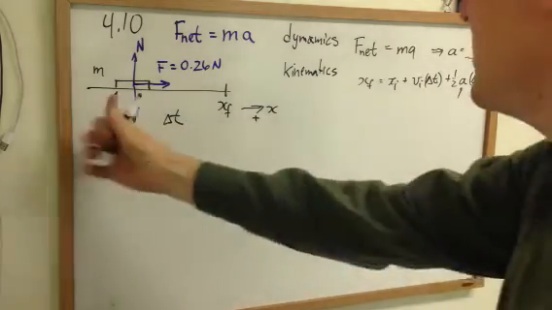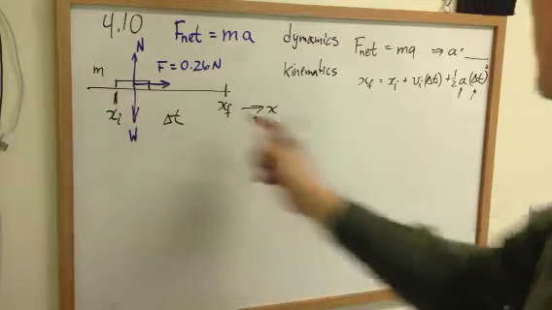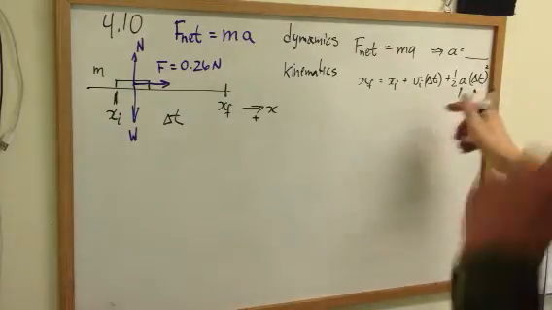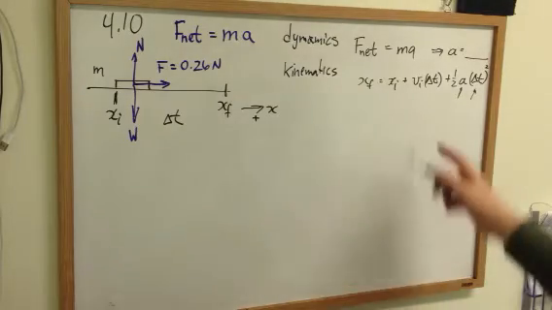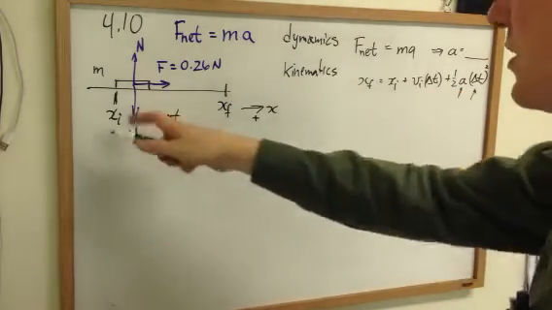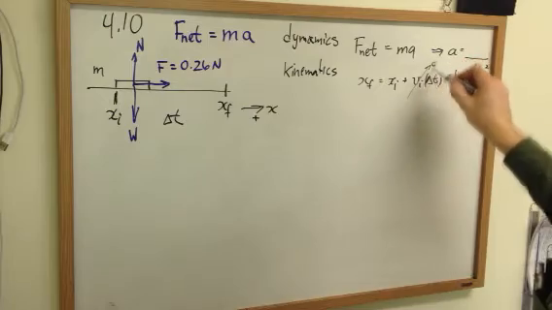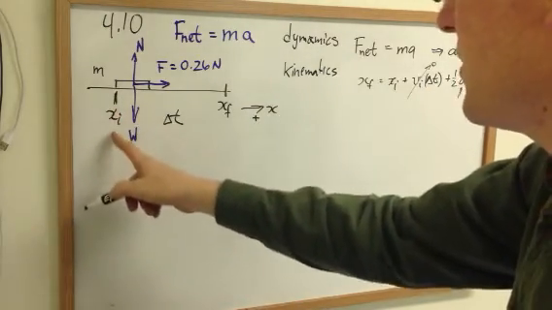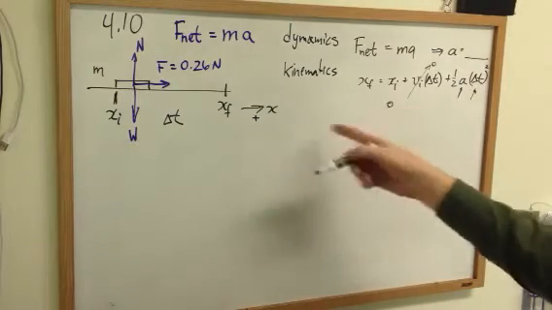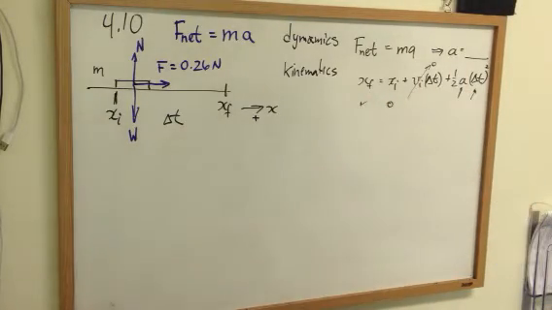Our initial velocity, this is a horizontal problem. We have a horizontal acceleration because of the force of the hockey stick. The initial velocity horizontally started at rest, so that's 0. Your initial position, let's lay down our coordinate system here with this as the origin, so that'll be a 0. And the final is what you want. You can calculate that. Everything else is known.